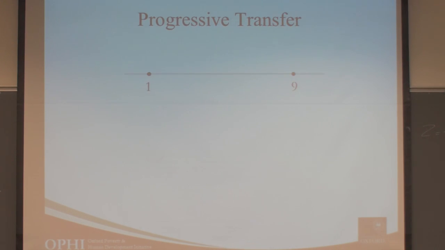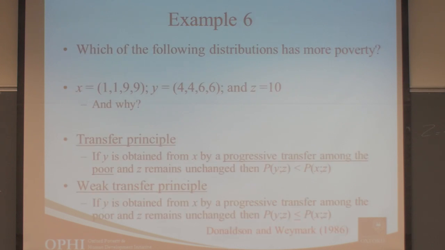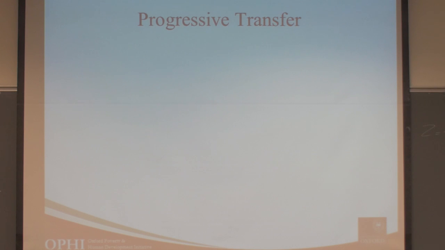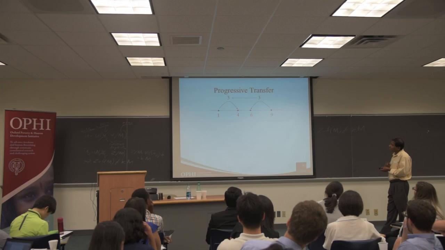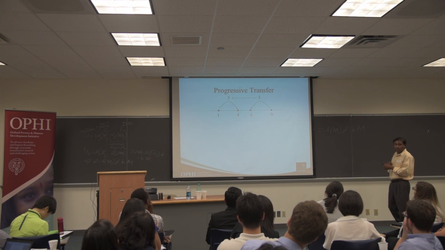Now, what is progressive transfer? Because in the last one, I mentioned progressive transfer among the poor. When I say progressive transfer, it means suppose you have these two incomes, 1 and 9. What you are doing is taking away, say, $3 from this person so that this person's income becomes 6, and you transfer it to this person so that he gets 4.